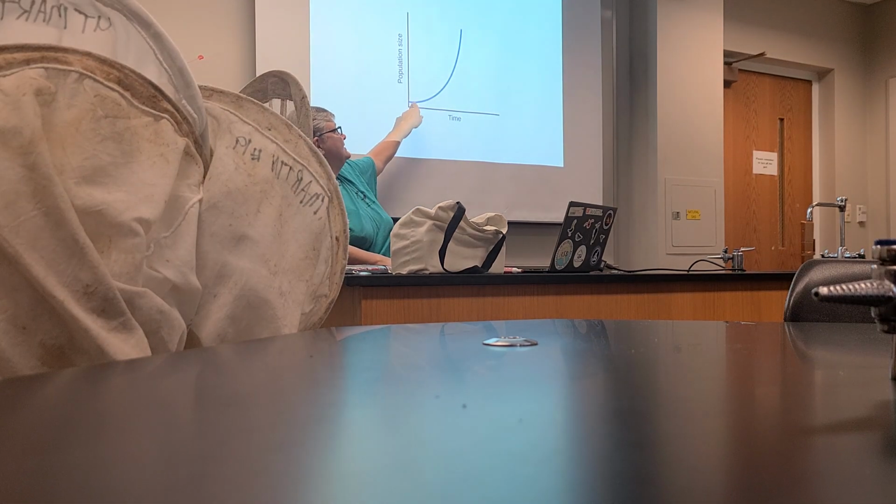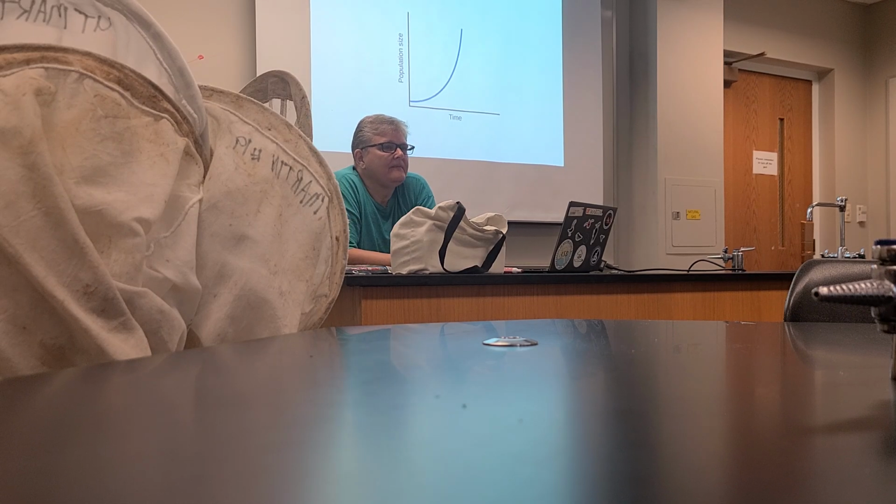And what you see is it's fairly flat at first. Why is it fairly flat at first? Because you don't have that many individuals in your population reproducing, right? There are limits, and we're going to put those limits into our logistic growth model later. But you're limited by gestation, for example.